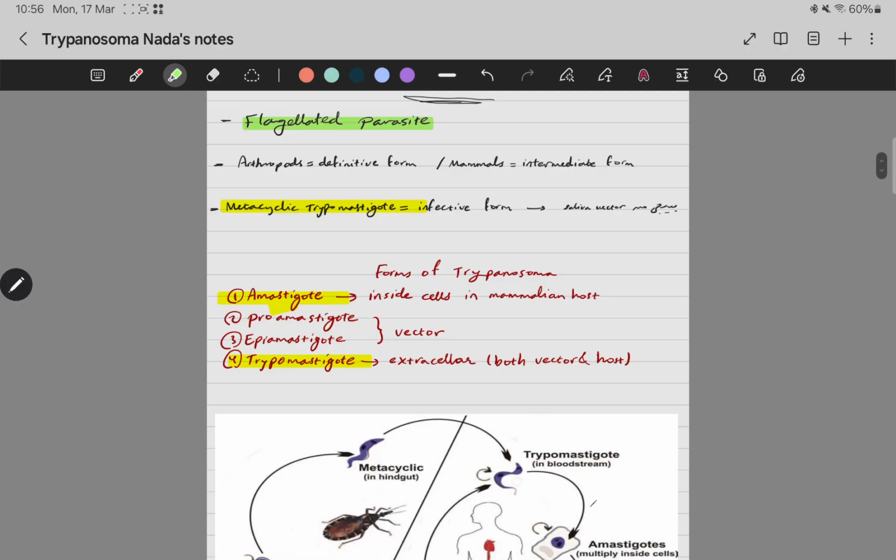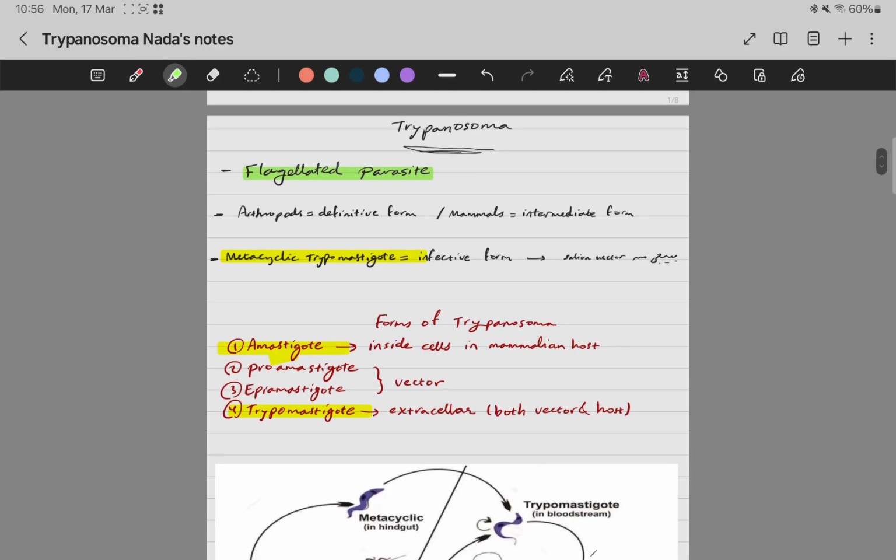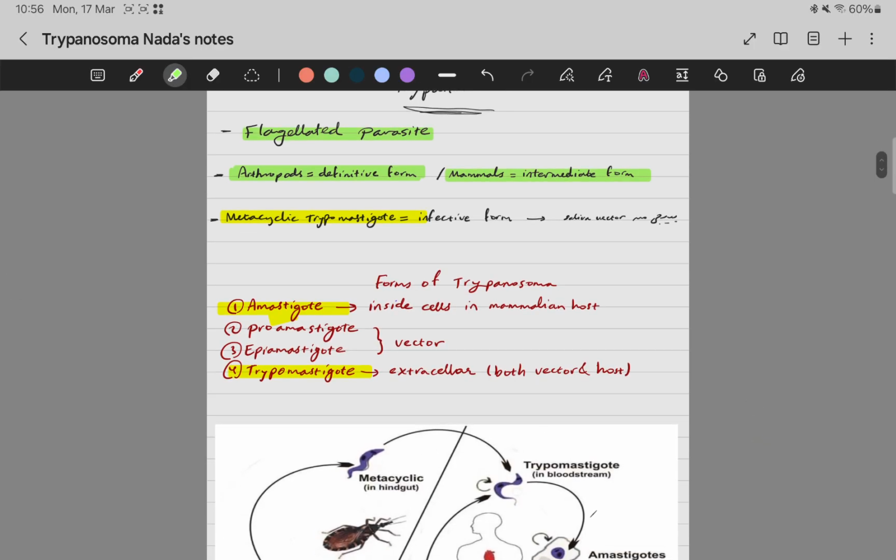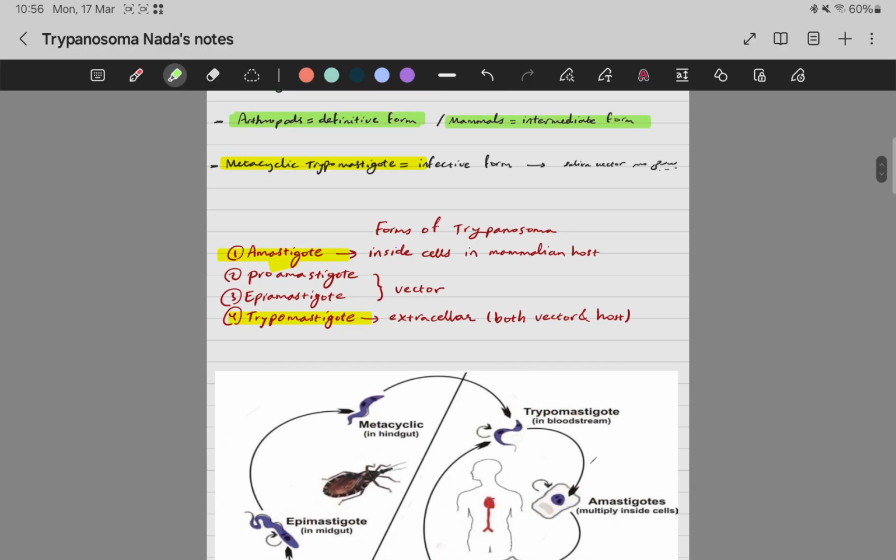Trypanosoma is a flagellated parasite. The definitive host is arthropods, meaning insects, and we will see different types of insects later, while mammals are the intermediate host. So we humans are not the definitive host, instead we are the intermediate host.